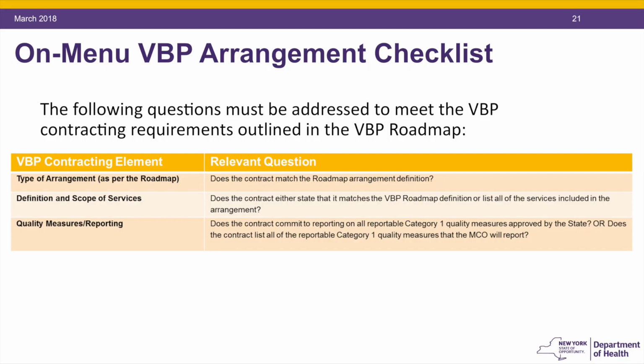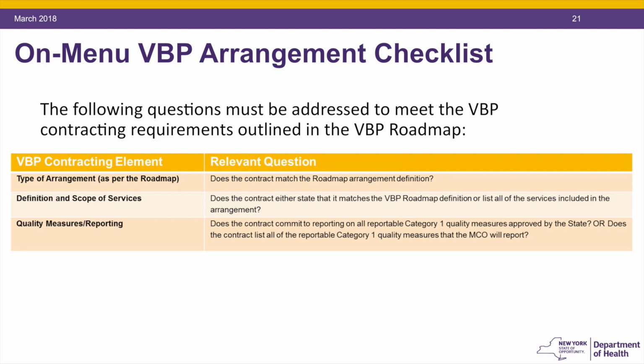This is quickly a checklist that we've developed for our staff to review the contracts, and it's very simple. The very first question is types of arrangements, and are those types of arrangements aligned with the roadmap or not? Definition of scope of services, I told you already. Each arrangement that we recognize as OHIP's preferred arrangements comes with a list of services that have to be included.